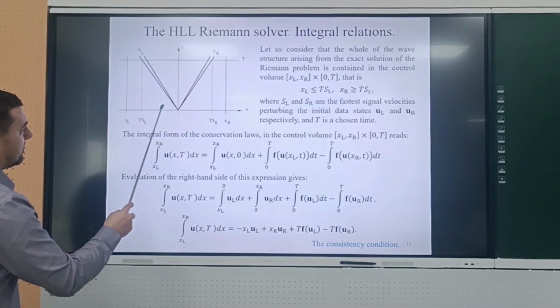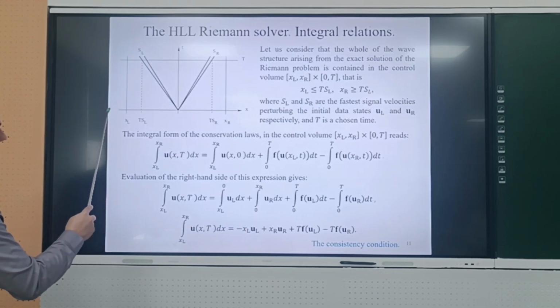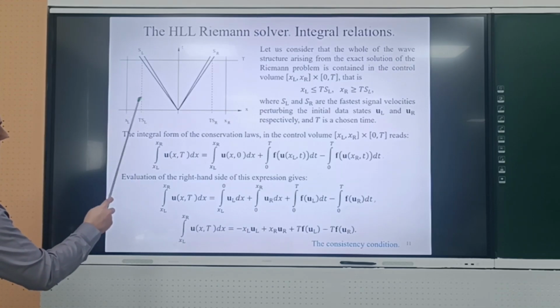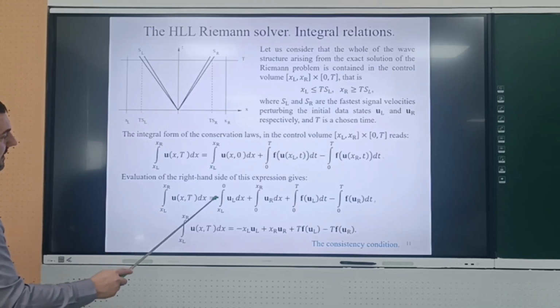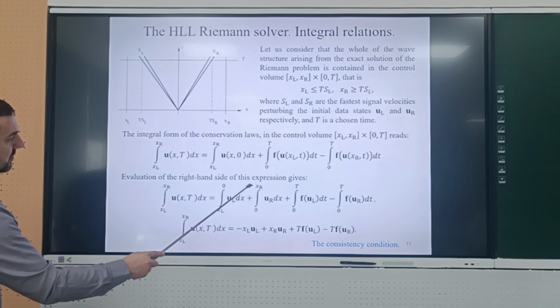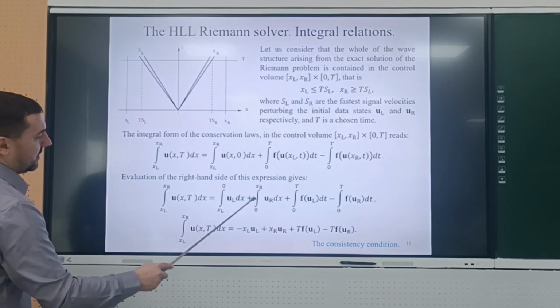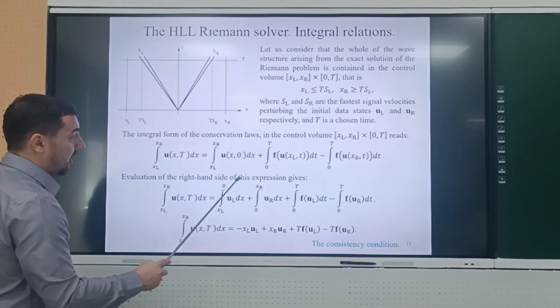Here we have our Riemann problem, so we know that here U equals UL, and here U equals UR. It means that from XL to 0, U(x,0) equals UL, and from 0 to XR, U(x,0) equals UR. That's the initial statement of our Riemann problem.